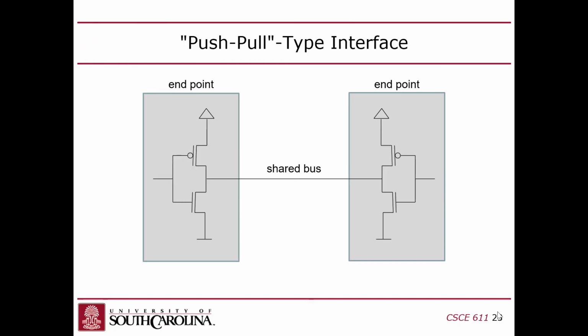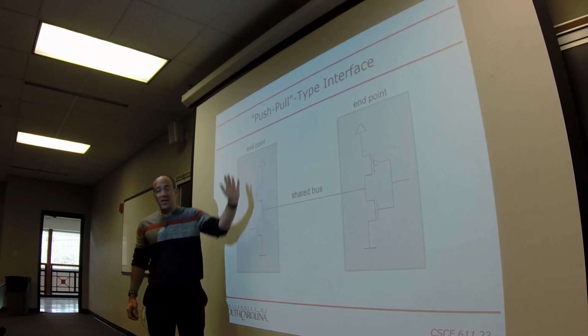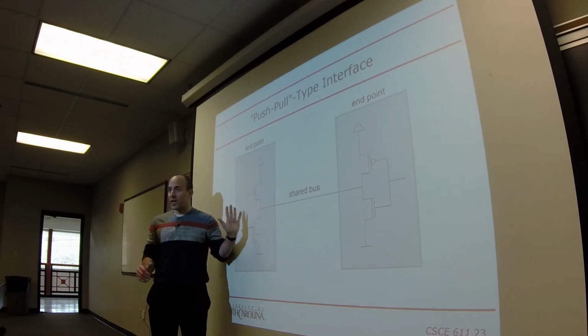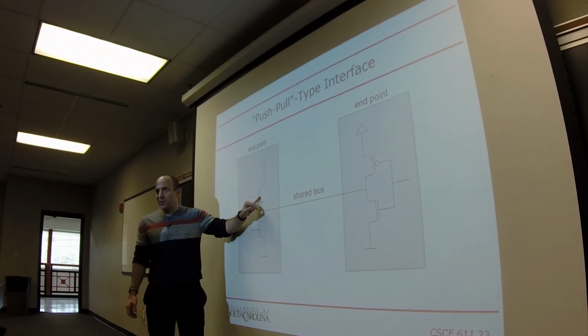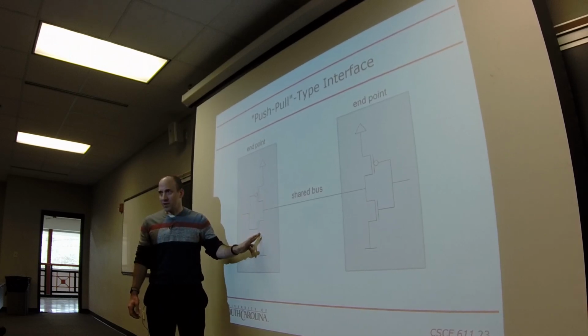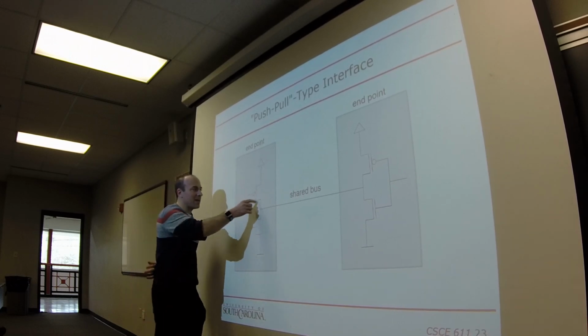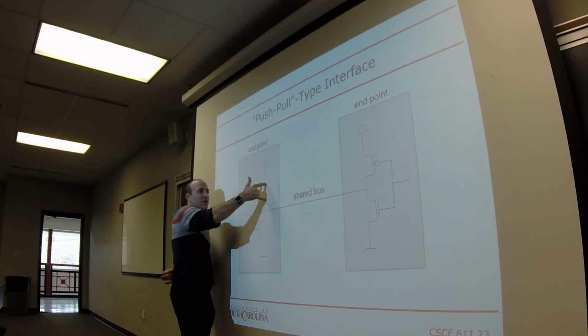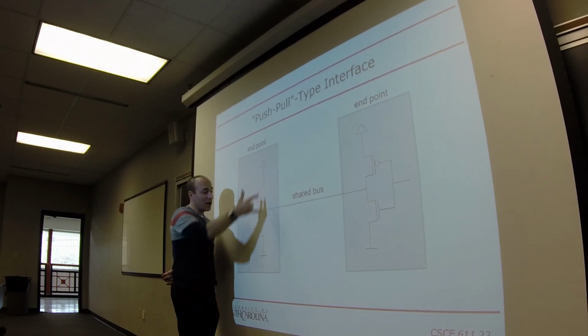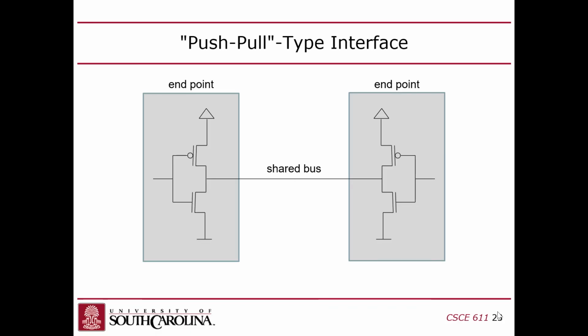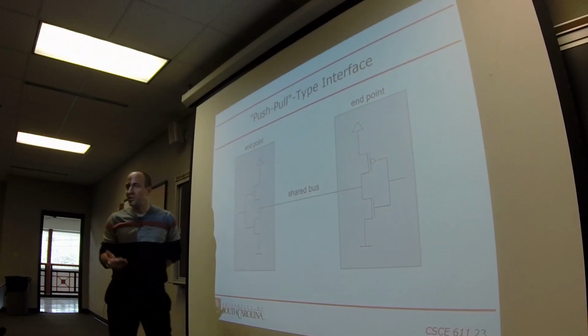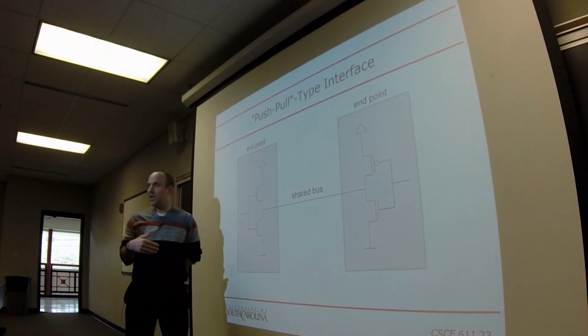The P-type transistor is used to pull up, meaning that when I want to send a 1, I activate the P-type transistor and deactivate the N-type transistor, and that makes the resistance between these two terminals very low, and it makes the resistance here very high. So it effectively turns on this switch and turns off that switch. It takes the wire and pulls it up to VDD, creating a low impedance path between the output and VDD.